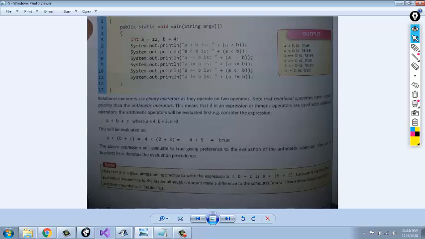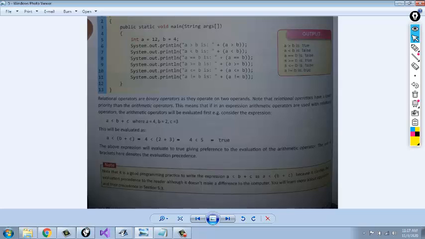And here one more expression is written: A less than B plus C, where A equal to 4, B equal to 2, C equal to 3. It will be evaluated like this. B plus C will be performed first. Why?